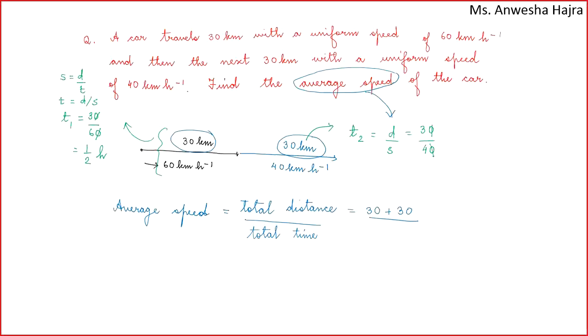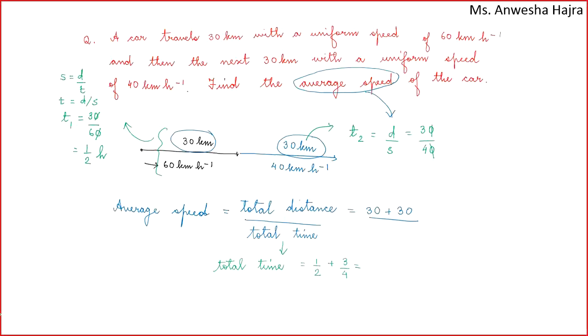So it is 3 by 4 hour. So what is my total time? Half hour plus 3 by 4 hour.